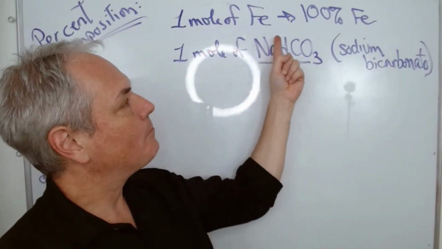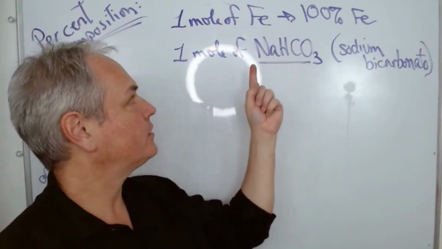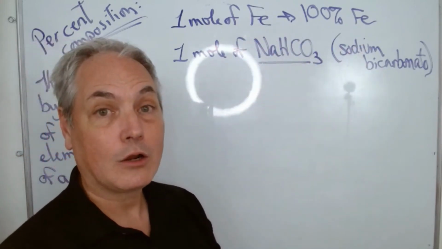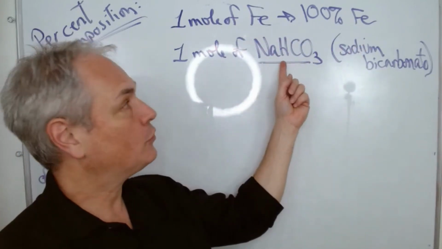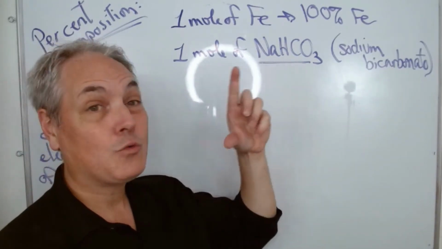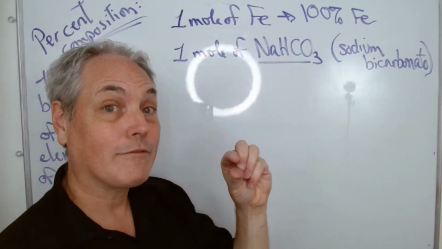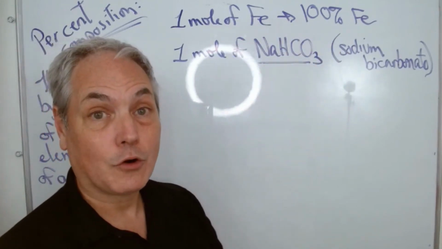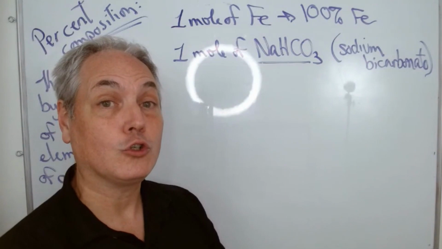So the mass of sodium is a percentage of the whole mass of a mole of sodium bicarbonate. And if we have hydrogen, we have a very small percentage of mass of hydrogen compared to the whole mass of this formula. That's what we're going to look into today.